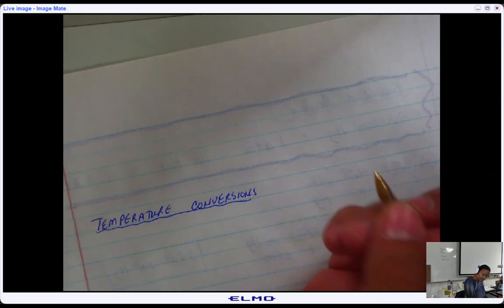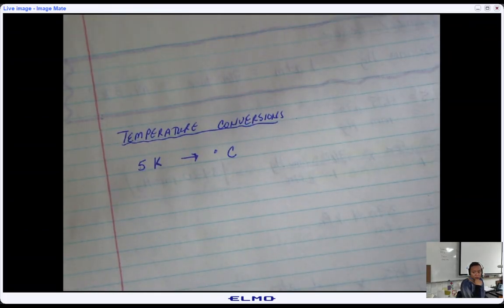What if you have 5 Kelvin and you need to convert this to degrees Celsius? How would I go from Kelvin to Celsius?